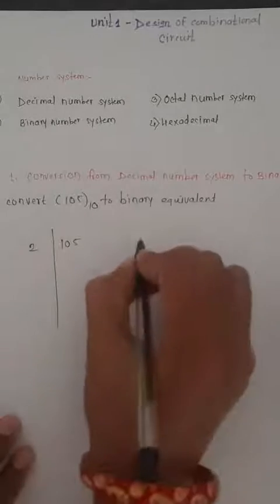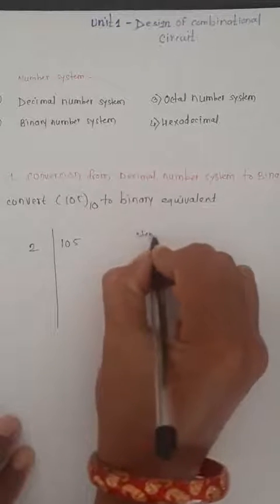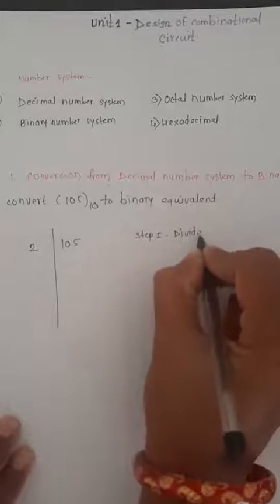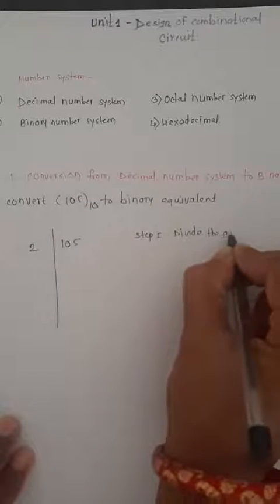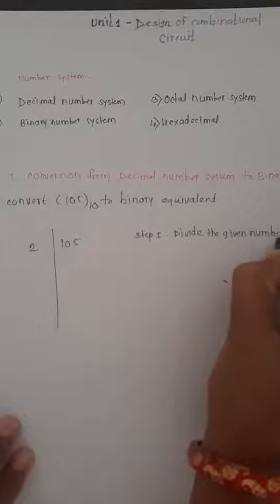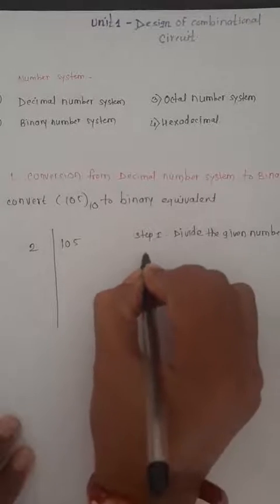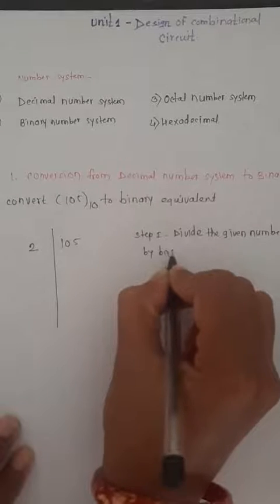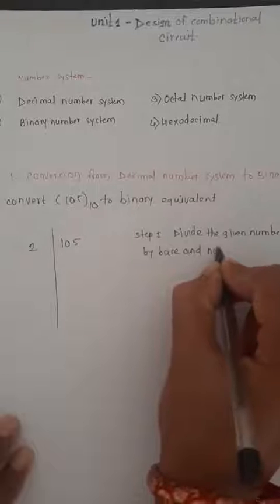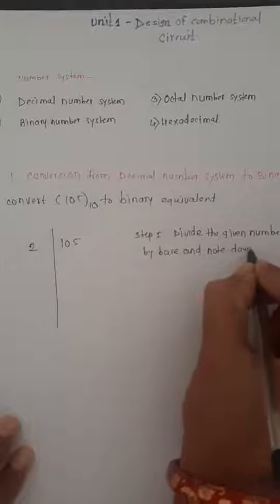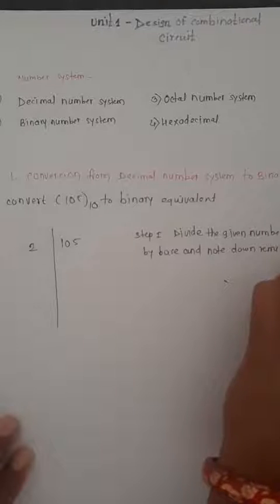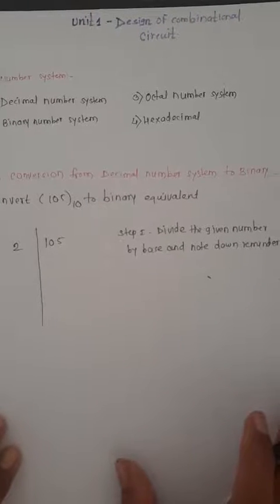So first step is divide the given number by base and note down the remainder.